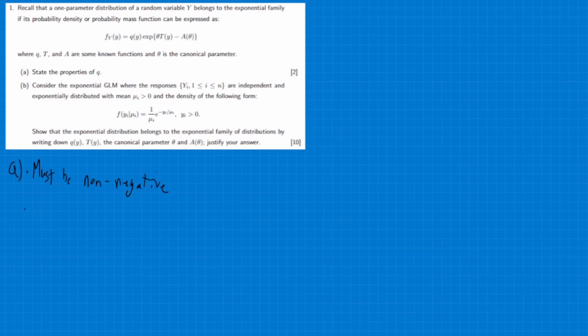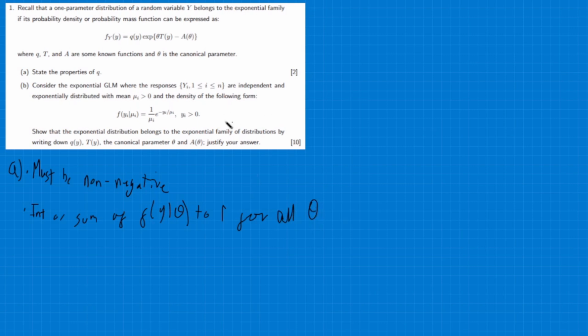So the integral or sum of f of y over all values of y equals 1, for all values of theta.